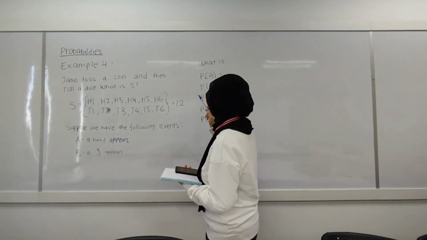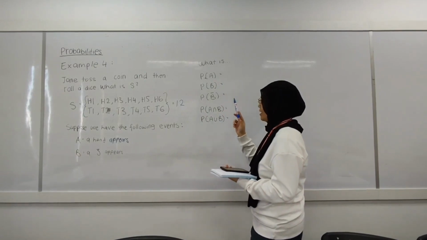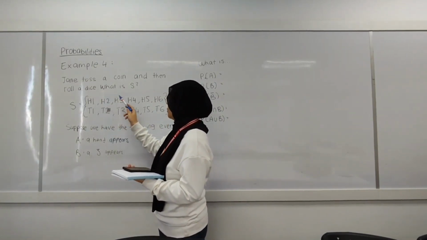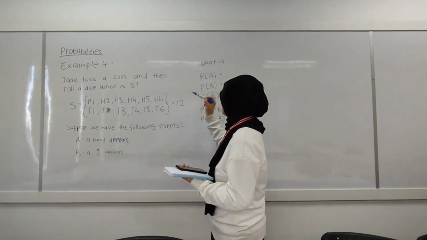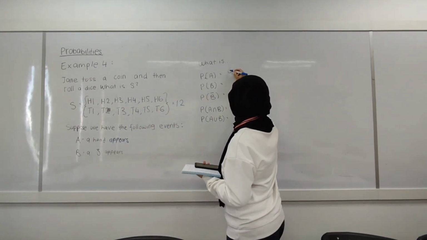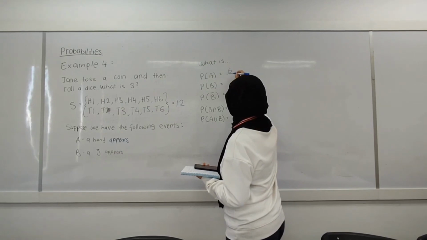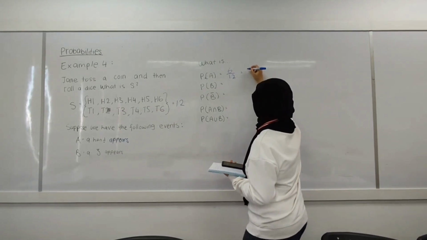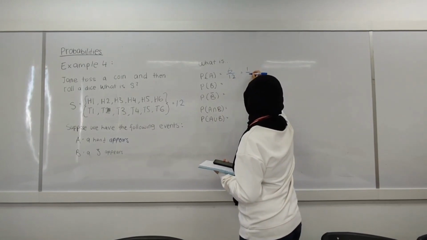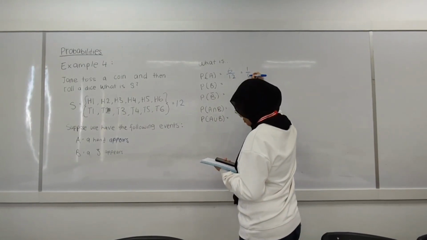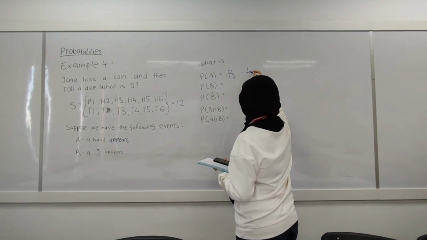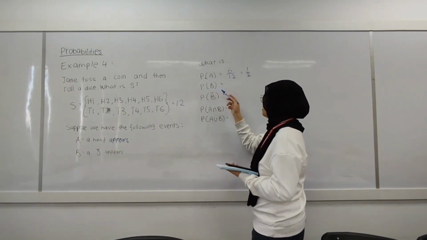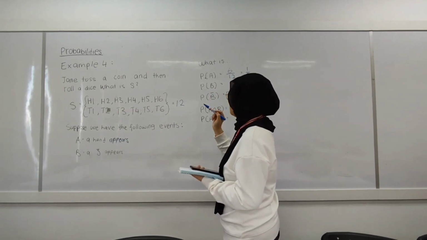So what is the probability of A, the head appears? We have 1, 2, 3, 4, 5, 6. 6 over 12, which means 1 over 2. What is the probability of B, the 3 appears?